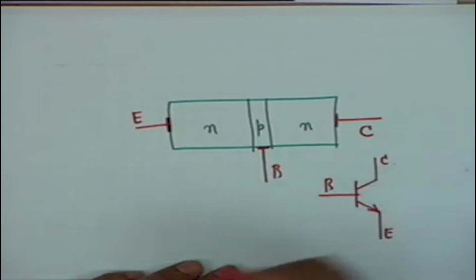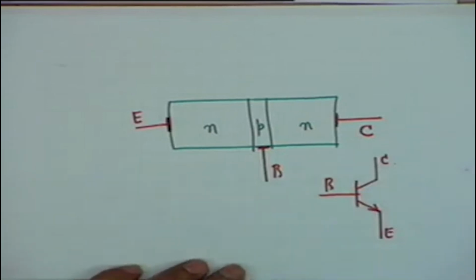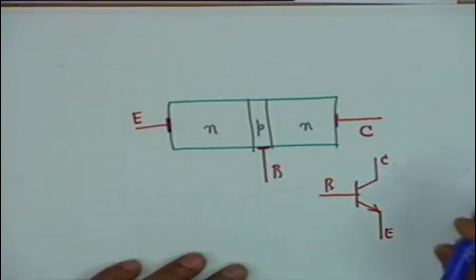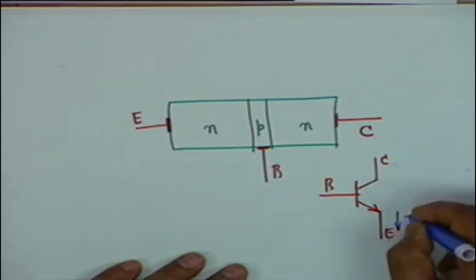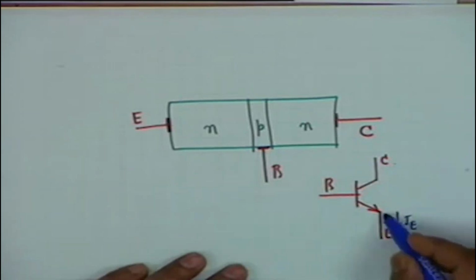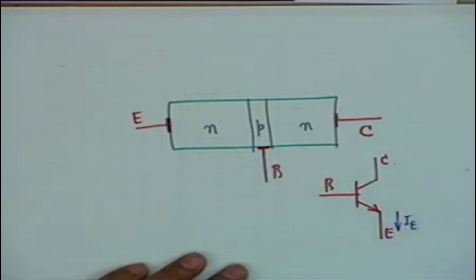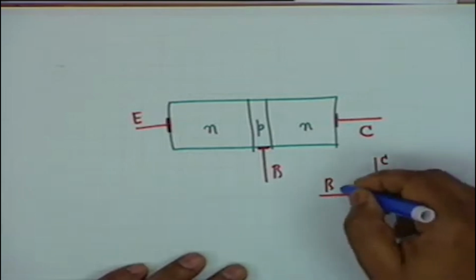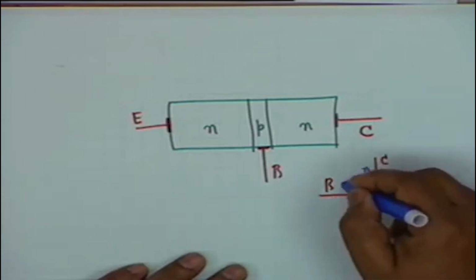An arrow is added in the emitter, and the direction of the arrow has a very special significance. The direction of the arrow gives the actual direction of current at this terminal. The emitter current shall be in this direction. It gives the actual direction of the current, and this shows that this is NPN.